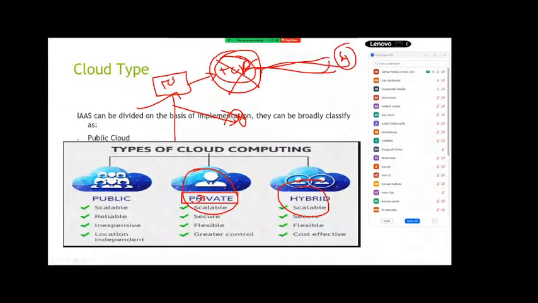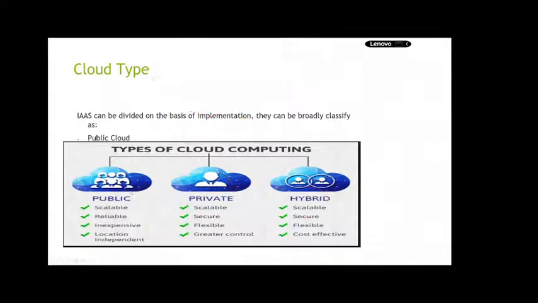Same way here also. A few applications are running in public and some applications are running in private. If we establish the connection between these two and access everything, we call it hybrid. But hybrid is costly and sensitive, more flexible, and more secure as well. Also, it is high cost. I will let you know how to do the tunnel later.